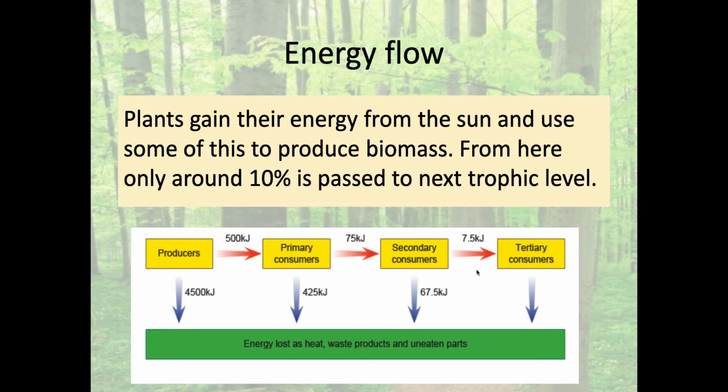So, you see how the more links there are in the chain, the more of the energy that came in initially is not transferred along this chain, but transferred out of the chain elsewhere. It's not that it's totally wasted, because obviously there are organisms that will use the waste products, and will digest the uneaten parts.